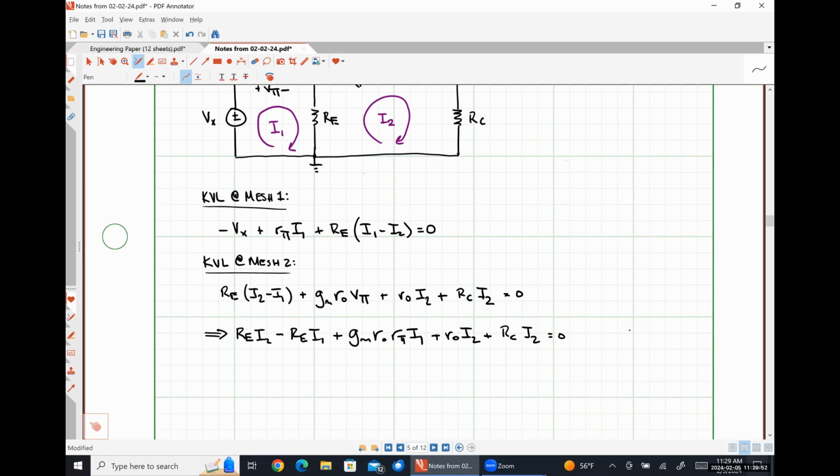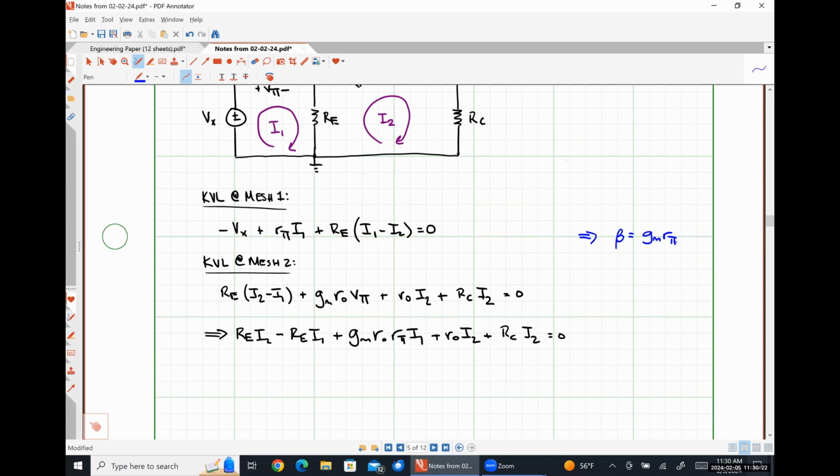Recognizing also that GM, let me do this out over here, beta is GM R pi. Right? Relationship that we had before, except that actually we just said R pi is equal to beta over GM. I'm just reorganizing that so that I can use beta instead of things.